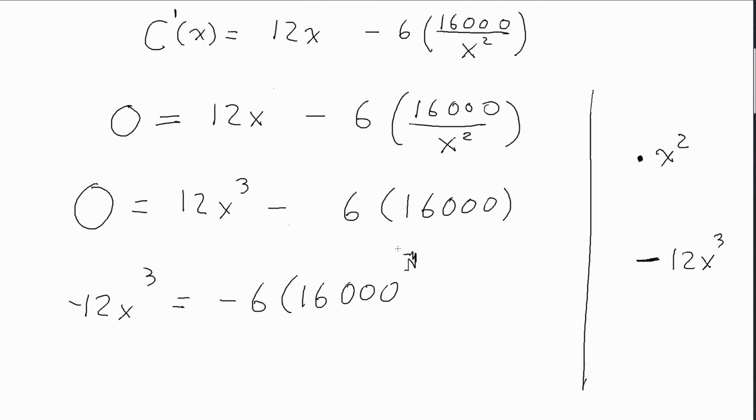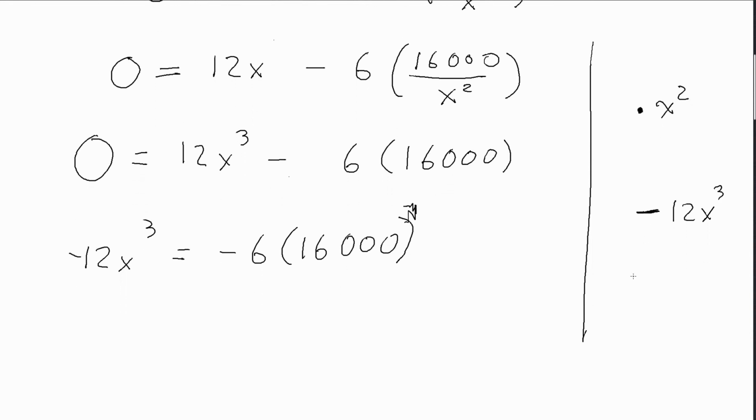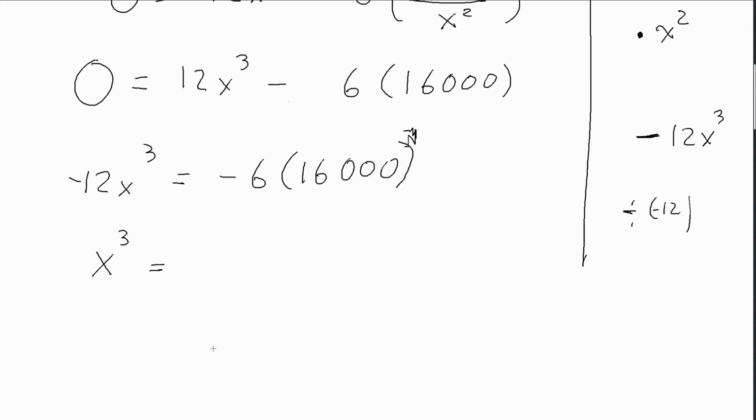Okay, then I'm going to divide both sides of this equation by negative 12, which leads us to the expression x cubed is equal to, let's see. If I divide by negative 12, it makes it positive. 6 divided by 12 is 1/2, which means half of that 16,000 is 8,000.